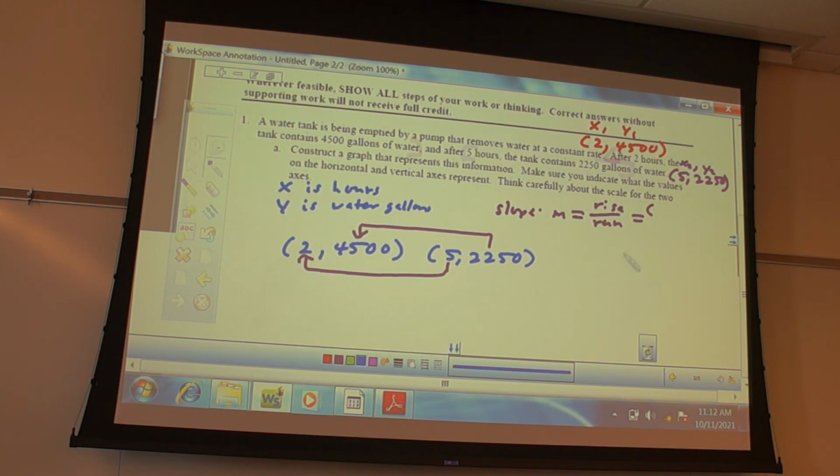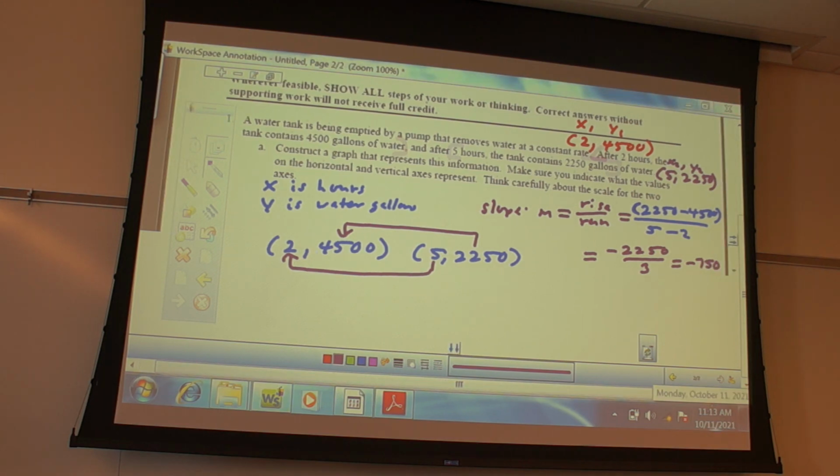So this becomes 2250 minus 4,500 over 5 minus 2. And what we found is negative 2250 over 3, which we said was negative 750, once we simplified that out.